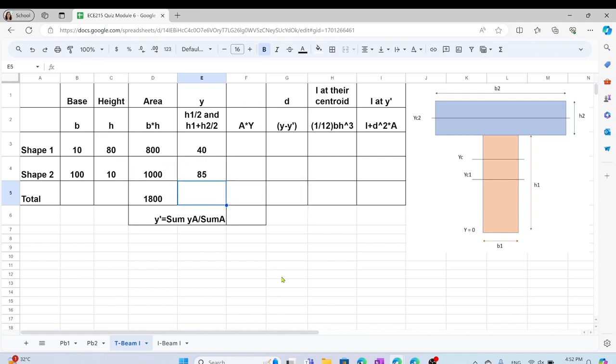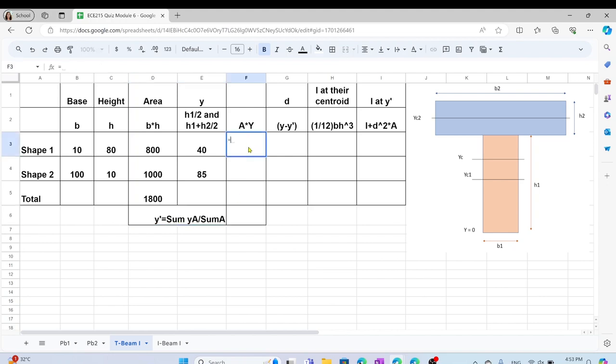Here the sum does not have any interest. The area times y, why do we need that? We need that because to find the centroid of the composite body, what we do is the sum of the centroid times the area of each element divided by the sum of the area, our average formula.